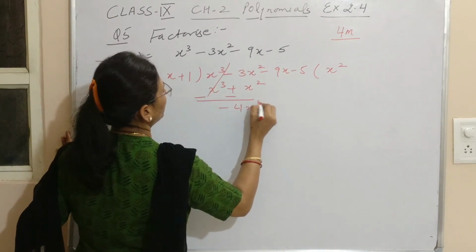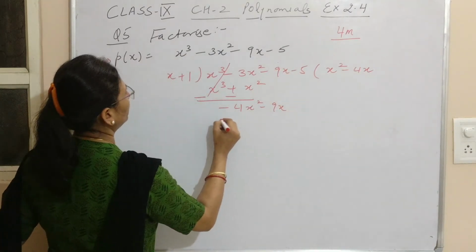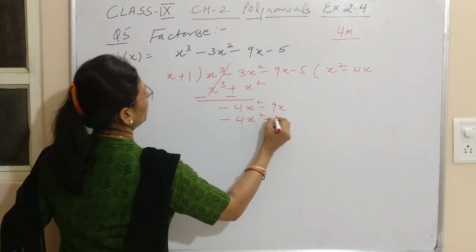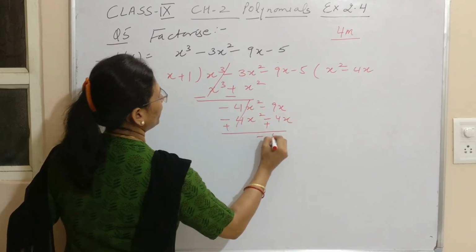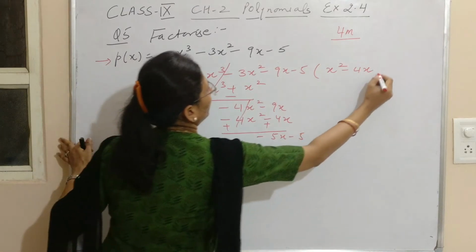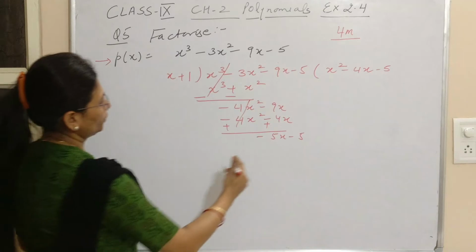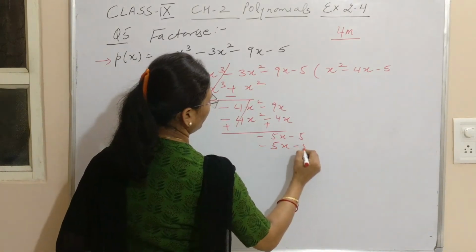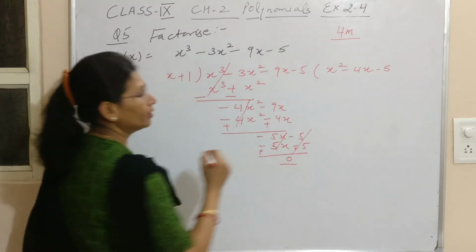Minus 4x square, minus 9x, minus 4x. Now here, this is minus 4x square minus 4x. Change the sign again. This is minus 5x minus 5. So the next is minus 5. So this becomes minus 5x minus 5. Change the sign. Once you change the sign, you get the remainder as 0.